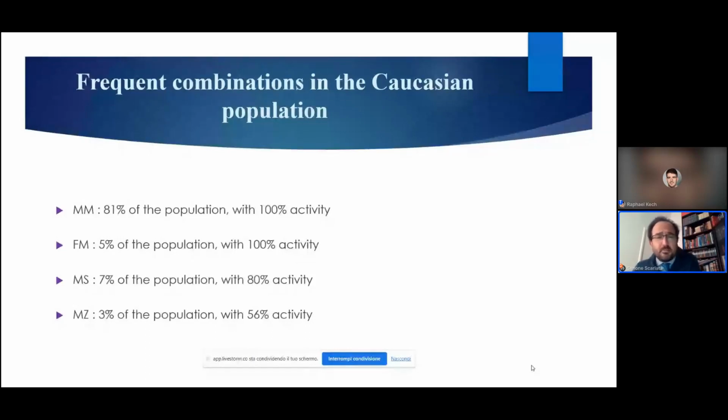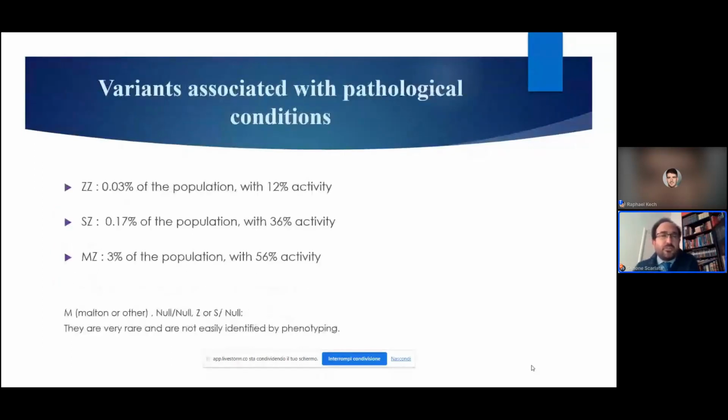Very importantly, we have to name and cite the MZ variant occurring in 3% of the population with an average protein activity of about 56%. This is a list of those variants associated with pathological conditions.